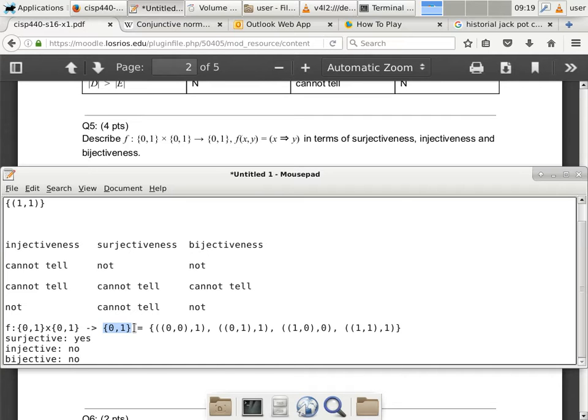Okay. Oh, I see what happened. You map the cross product, and you map it using the implication. Yes, that's how I define the function. So f of x, y is really the same thing as x implies y, but instead of looking at implication as an operator, I just look at it as a function.